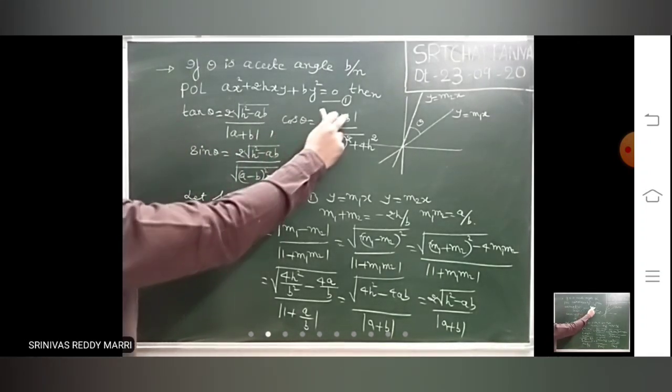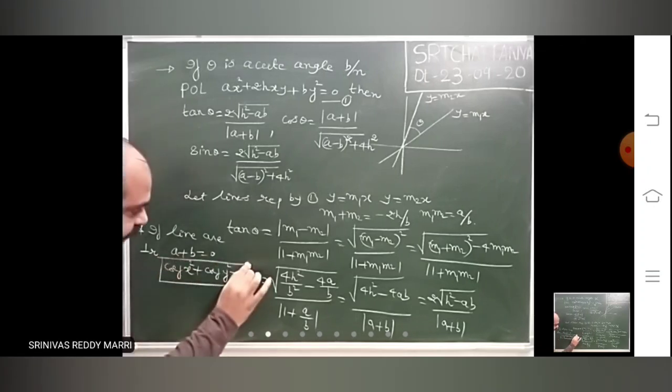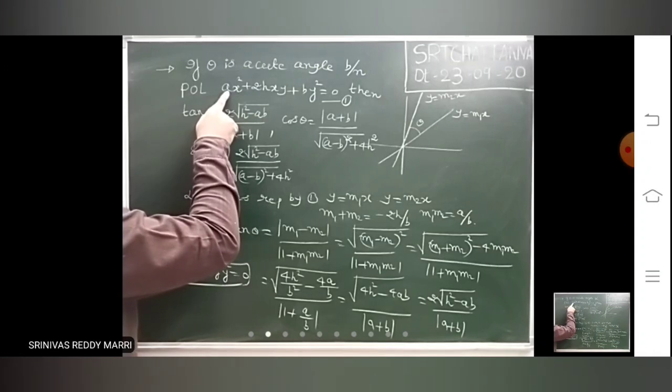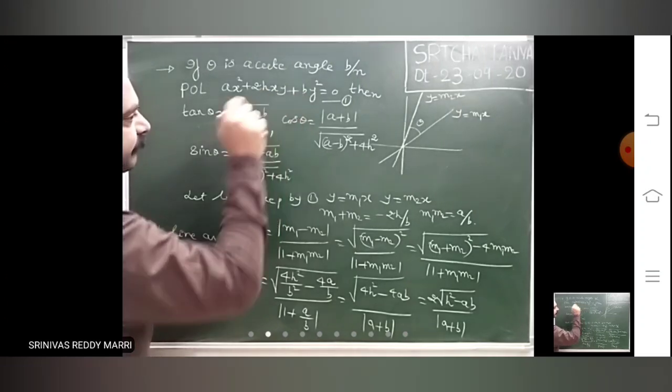Cos 90 is 0, so you will get a plus b equal to 0. That means if the lines are perpendicular, coefficient of x square plus coefficient of y square equal to 0. By observing the equation, if this plus this equals 0, then the lines will be perpendicular.